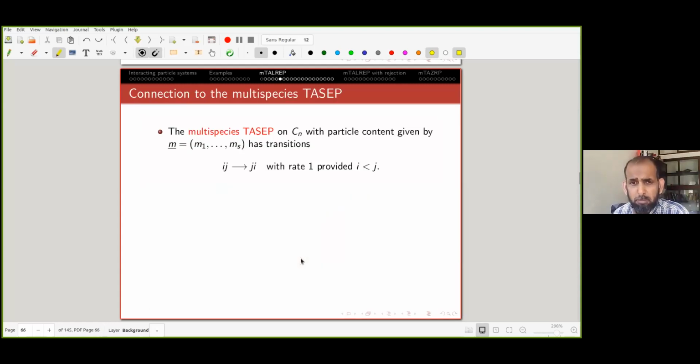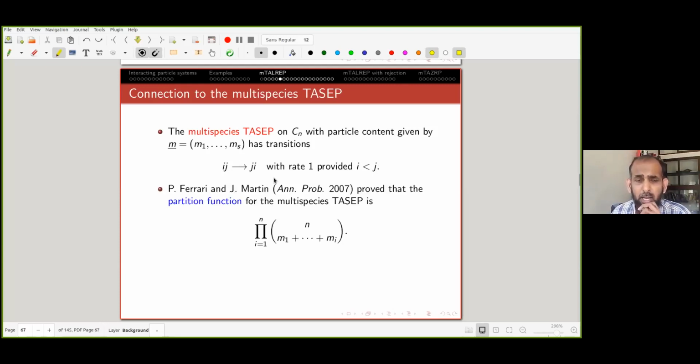So let me give you an example. Oh, before that, let me state a connection to the multi-species TASEP, which has been of interest for some time. So again, if you have the same content, the multi-species TASEP says that 2 adjacent sites switch if the left side has smaller value than the right side, with rate 1.